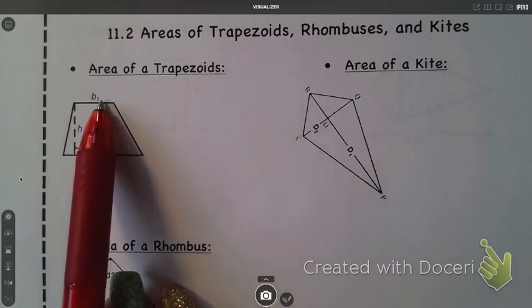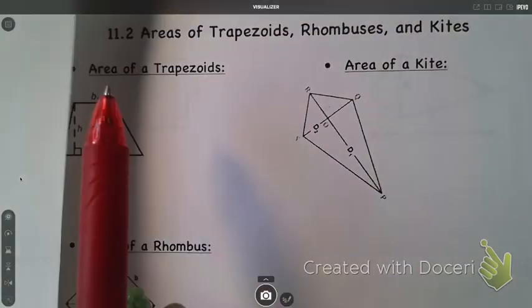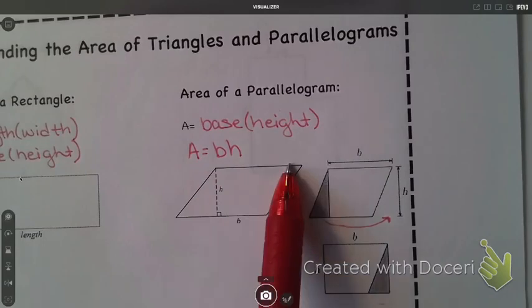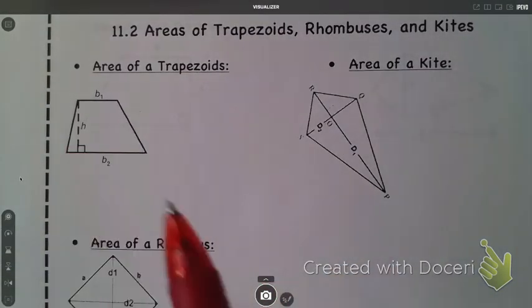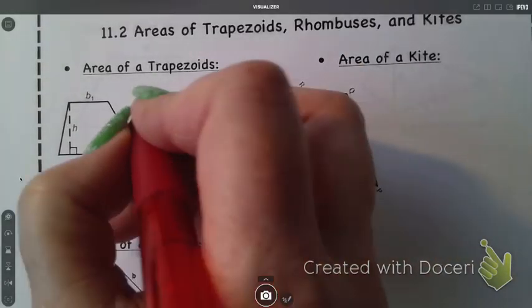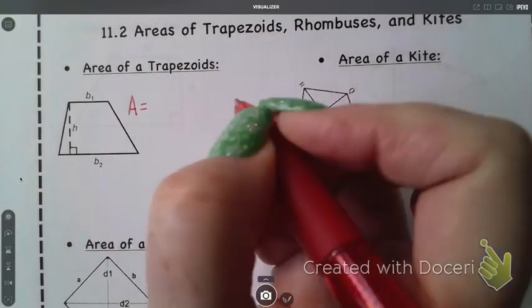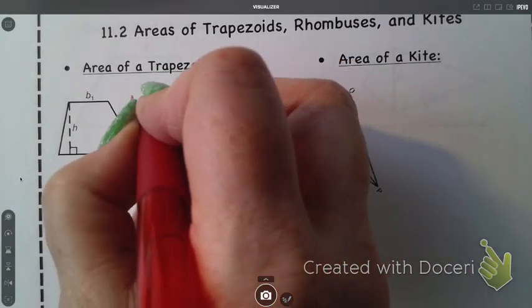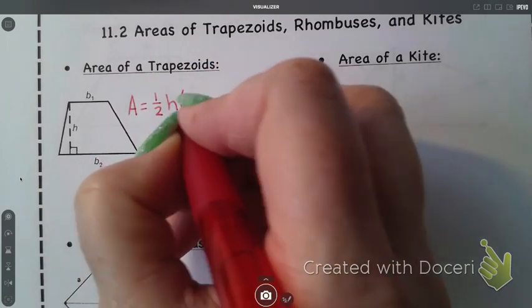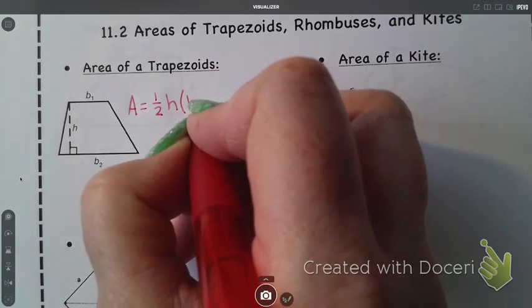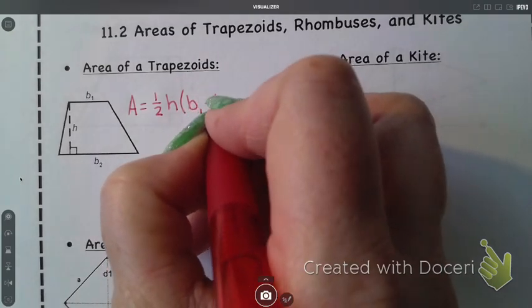But the difference between a trapezoid and a parallelogram is that in the parallelogram, the bases are the same, aren't they? A trapezoid is not. So my area here is, I didn't put A's on this one, sorry, 1/2 the height times base 1 plus base 2.